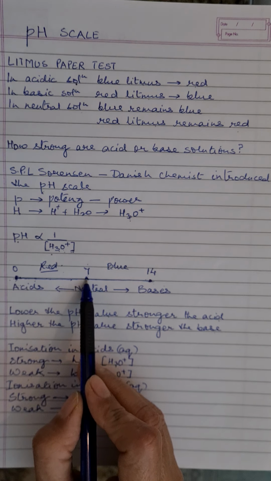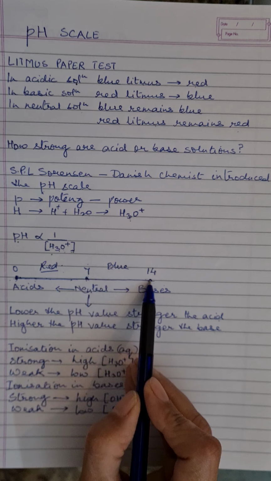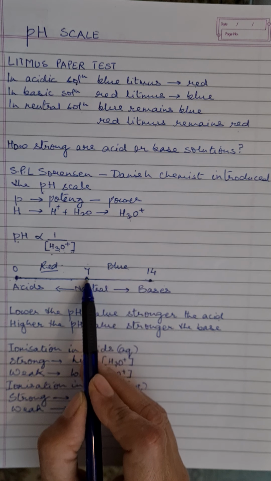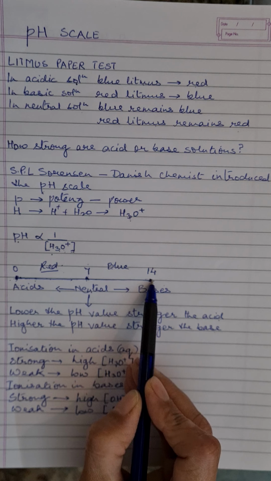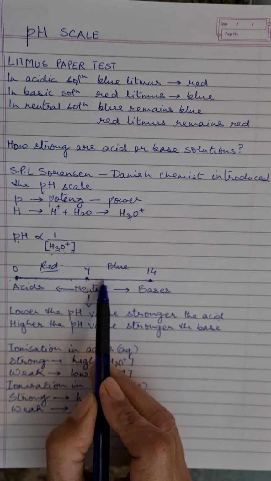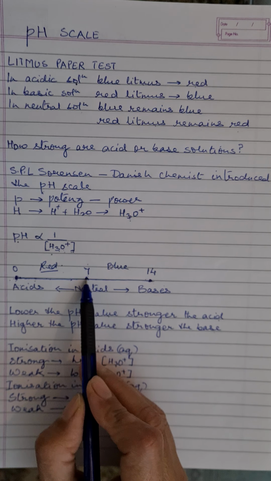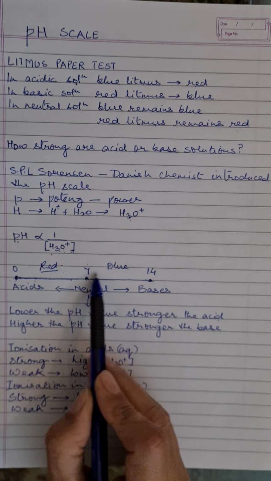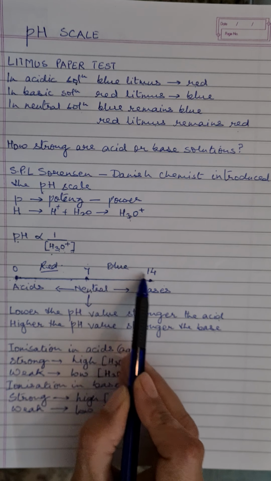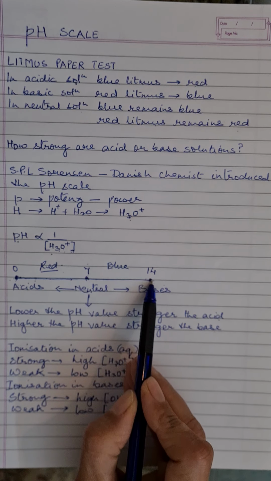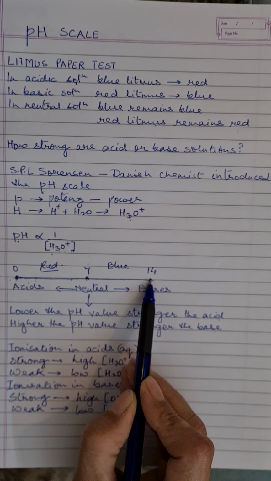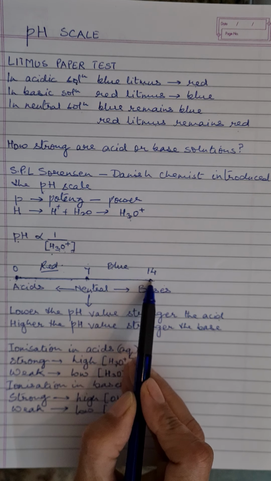Now, as we move from 7 to 14, we get the basic solutions. Nearer to 7, we have our weak bases, and as we move away towards 14, we get very strong bases towards 13 and 14.